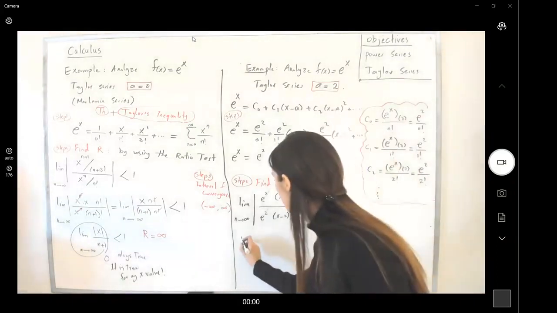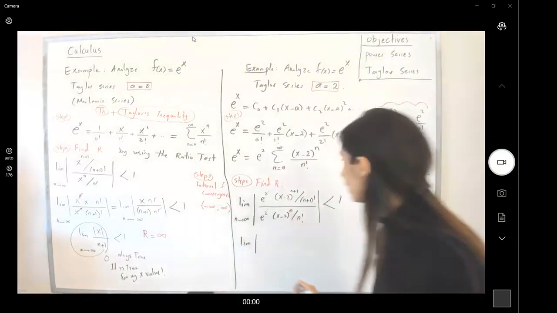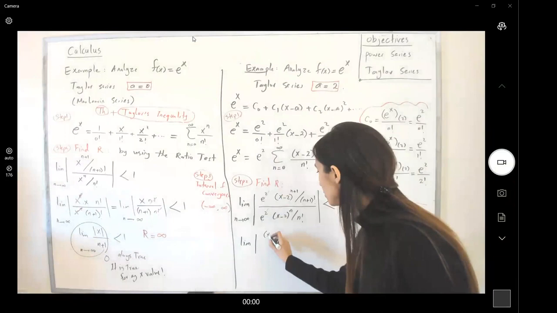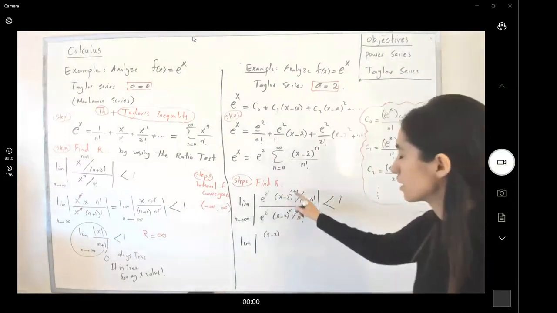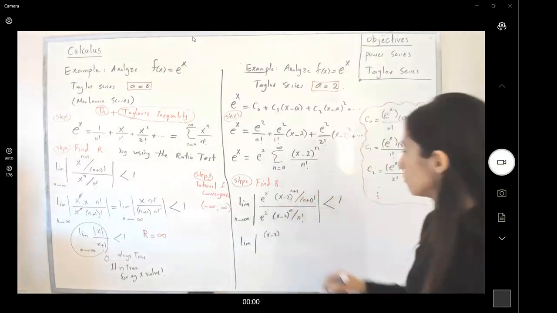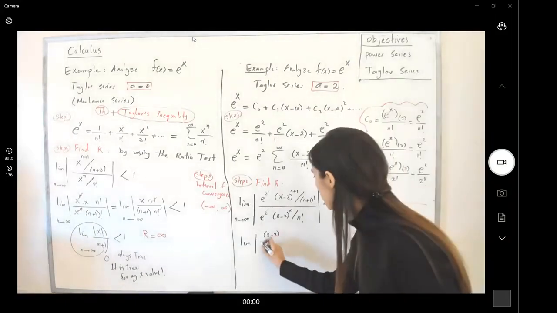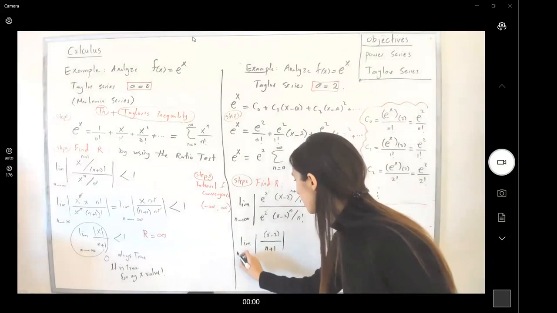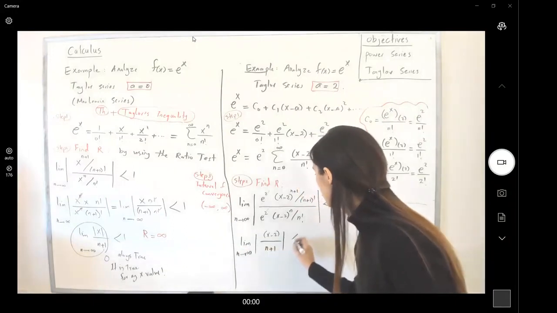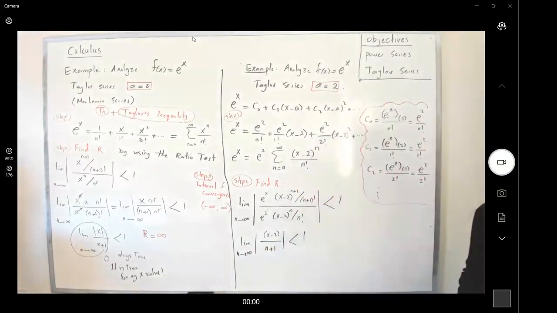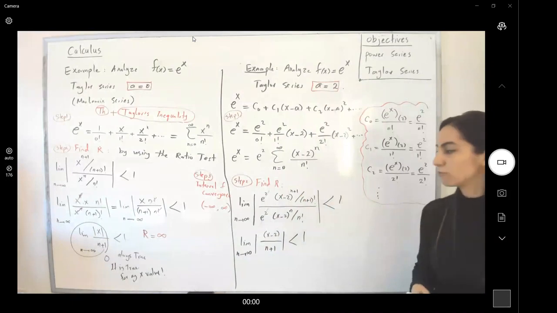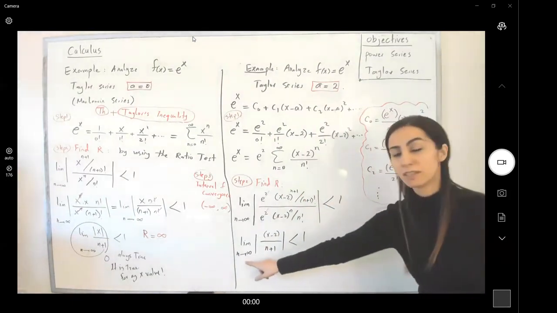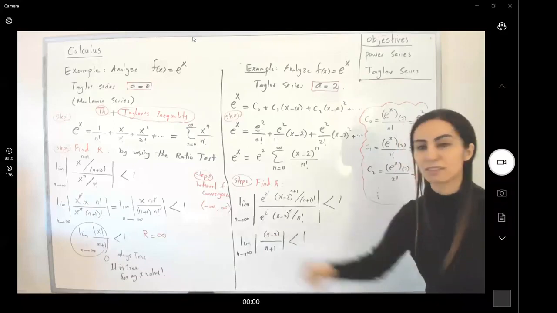And here you have the limit of absolute value. You get x minus 2. You can cancel out n and n. And here, if I flip this, I get divided by n plus 1. While n goes to infinity, this must be less than 1. Of course, when you take the limit as n goes to infinity, this is equal to 0.